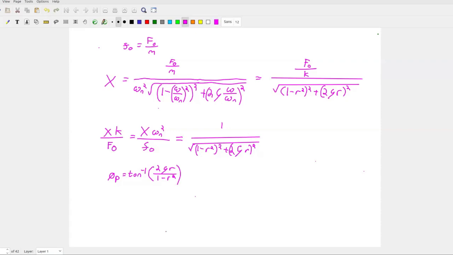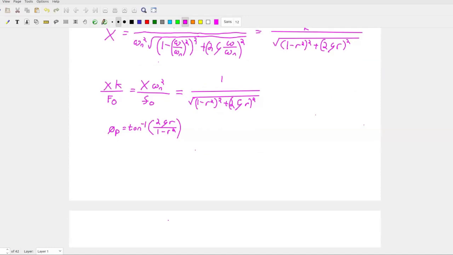So what I can do is I can take a table and say, let's build out a table of a bunch of r values, maybe 0, 0.25, 0.5, 0.75, 1, 1.25, 1.5, 1.75, and 2.